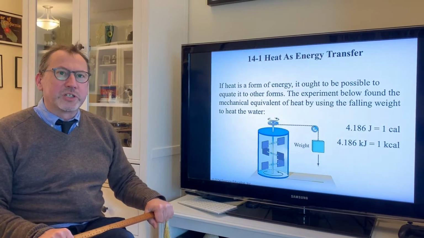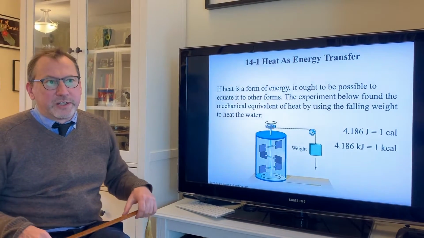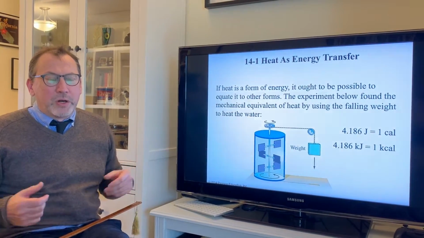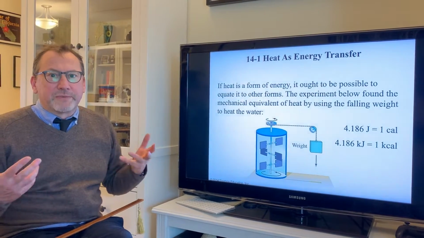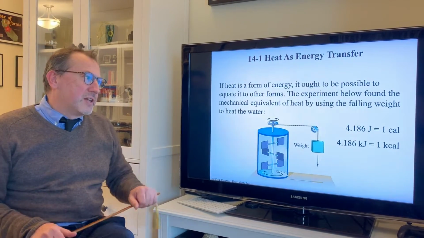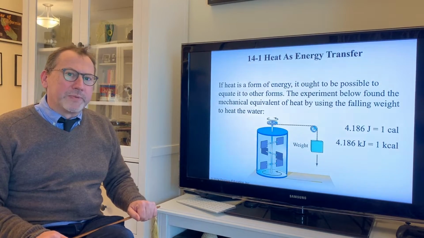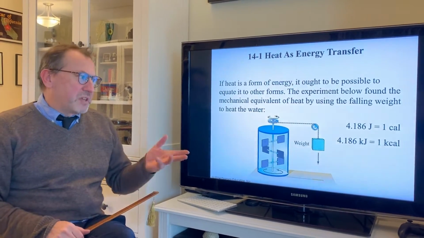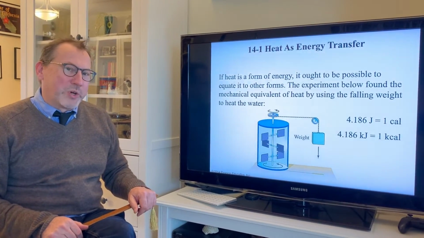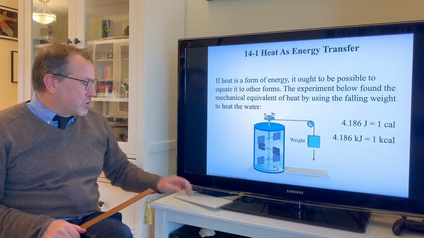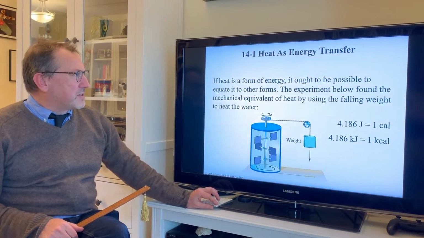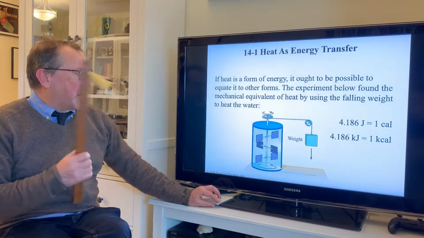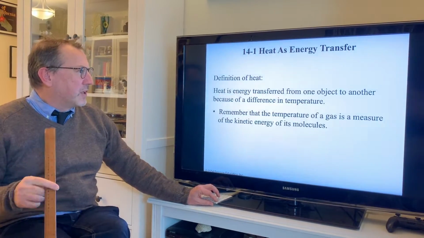He made a connection that heat is another form of energy. I guess the difference is that heat is a very unordered form of energy, whereas mechanical energy is very ordered. So that's getting into the world of entropy, which we won't really get into too much. Okay. So that's what's called the mechanical equivalent of heat.